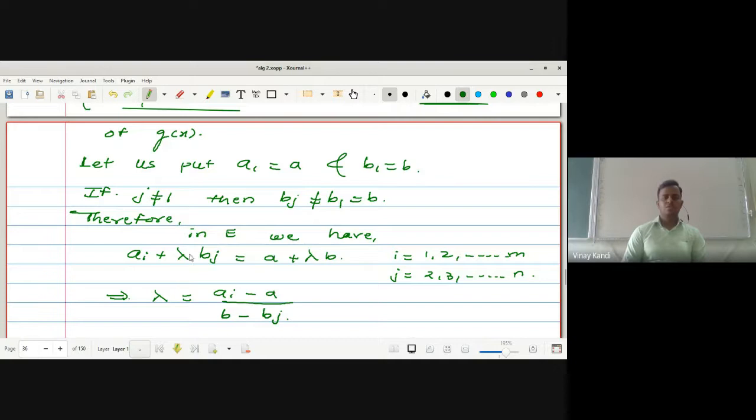Look at it. In E, we have ai plus lambda bj, which is equal to a1 plus lambda b1.